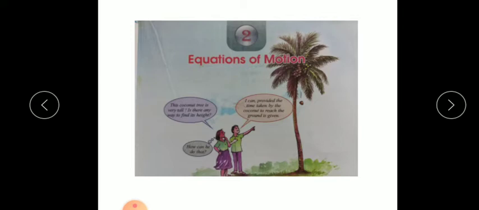Then what is acceleration? The change in velocity per unit time is called acceleration, and the unit of acceleration is meter per second square. So in this chapter we will learn some equations related to motion. So let us start.